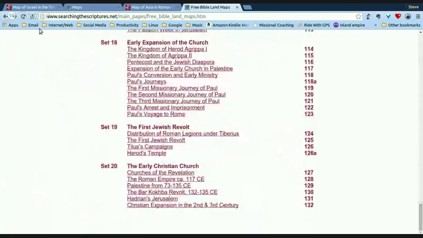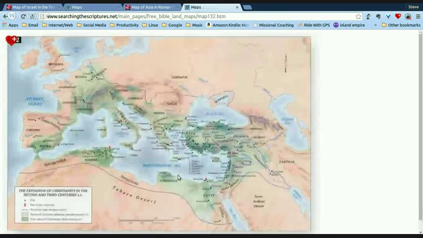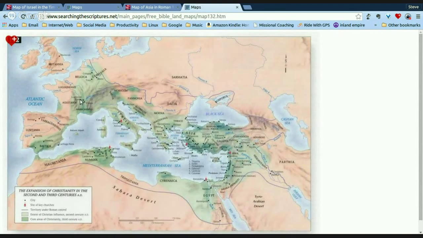All right. Finally, I want to show you this map, Christian expansion in the 2nd and 3rd centuries. This would be, again, one of the maps that shows the extent of the Christian faith as it spreads throughout the world.